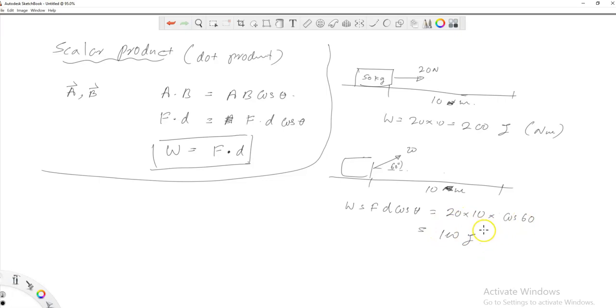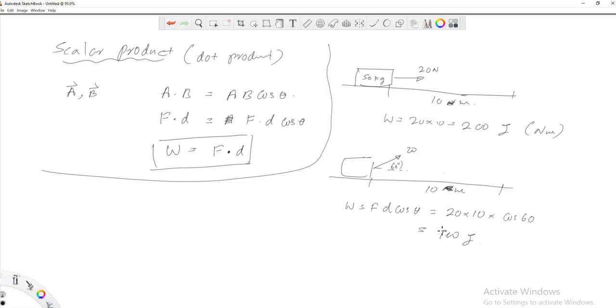So in these two cases, does it look like in the second one you have spent less energy? No, you are still spending the same amount of energy, but most of it kind of goes away because most of your force is being wasted. Only a fraction, only half of the force goes in the desired direction.